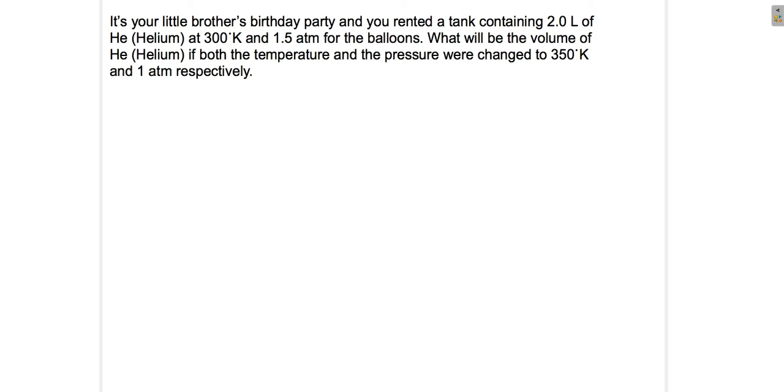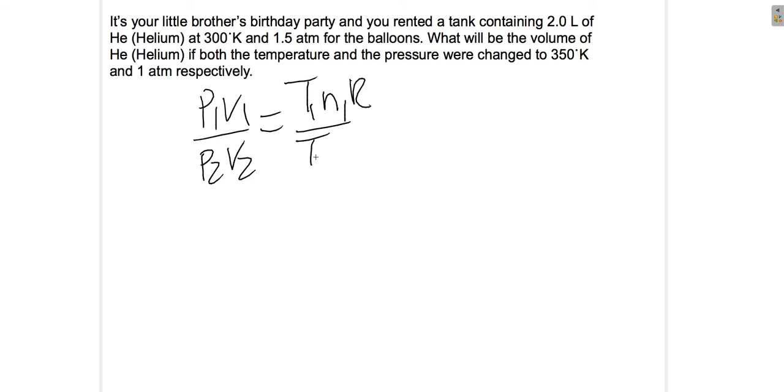For this problem, referring back to the ratio of the ideal gas law mentioned before, which is P1 V1 over P2 V2 equals T1 n1 R over T2 n2 R, we can simply readjust it to solve for what we are looking for, which is in this case the new volume.